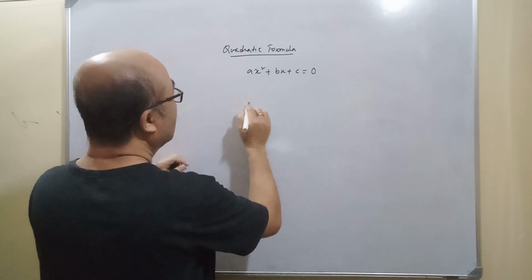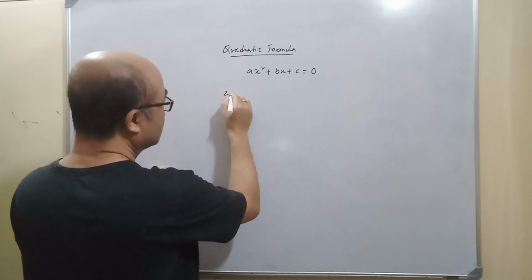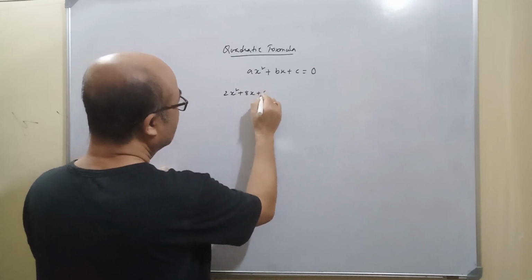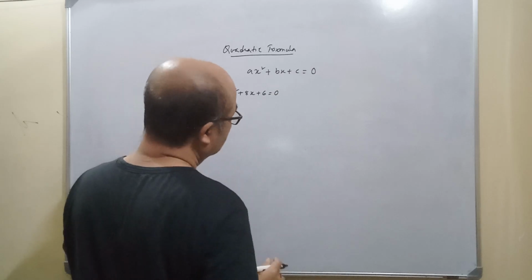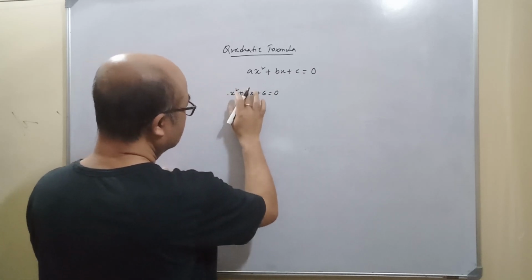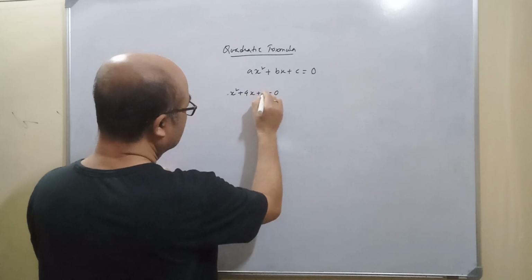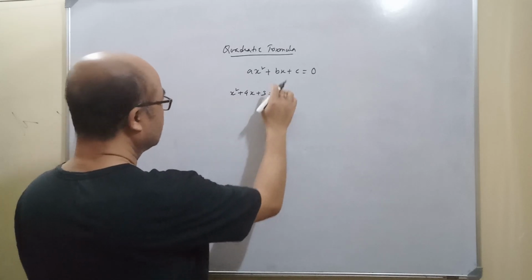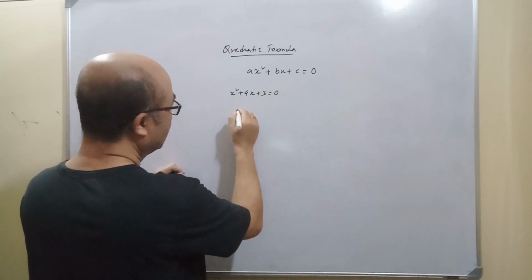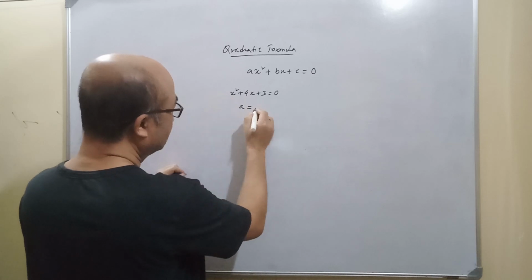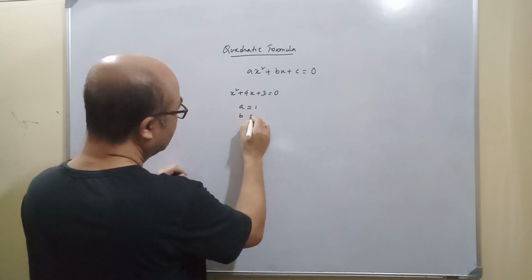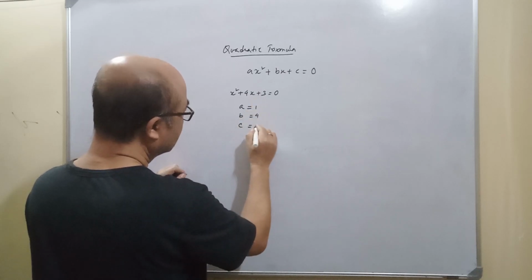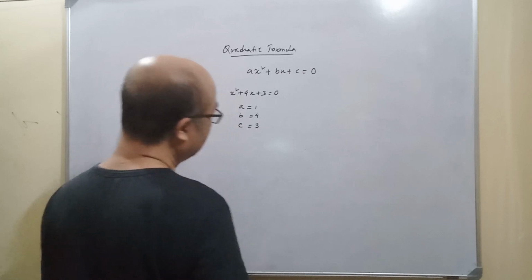So let us take this previous example, or this can be written simply as, so this is a quadratic equation in this form. So here a is 1, b is 4 and the constant term c is 3. So we have the values of a, b and c.